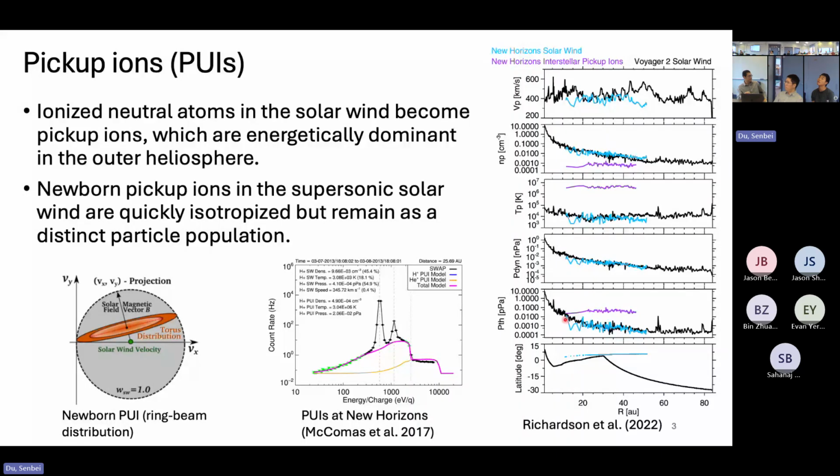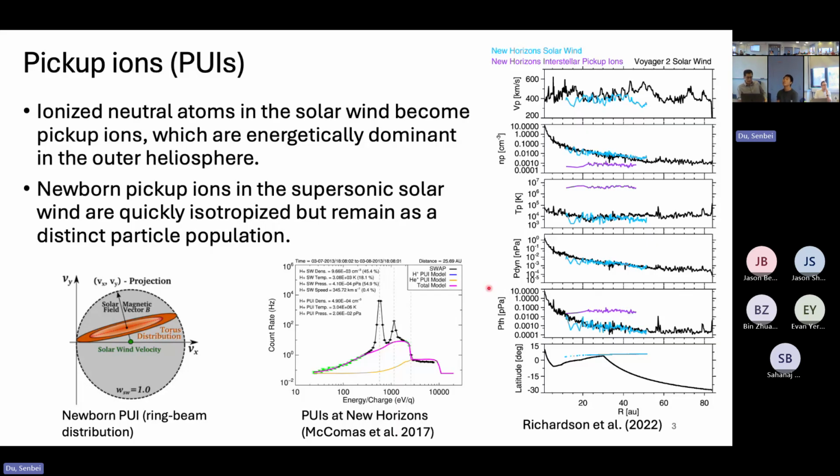It shows that beyond about 10 AU from the sun, the pickup ion pressure becomes the dominant pressure term. The heliosheath is no different, so the pickup ion is the dominant component there.